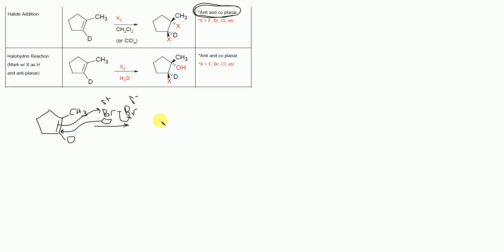So what happens is the double bond breaks and Br gets grabbed, and as it's getting grabbed, this bond breaks and the other Br takes the pair of electrons, and the Br that was grabbed attacks, with one of its pairs of electrons, the carbocation that forms.